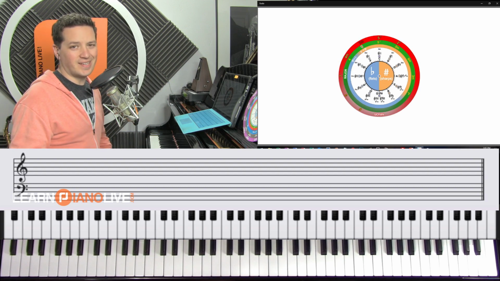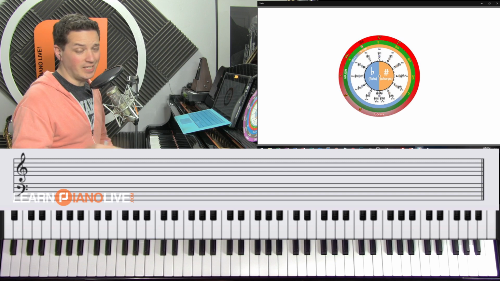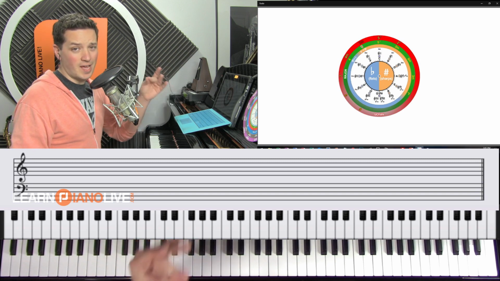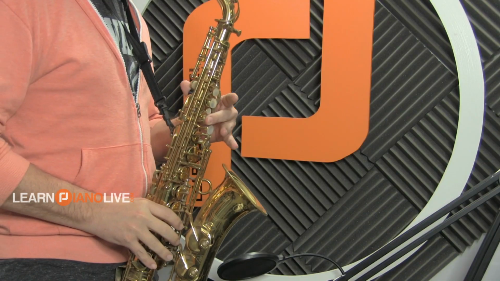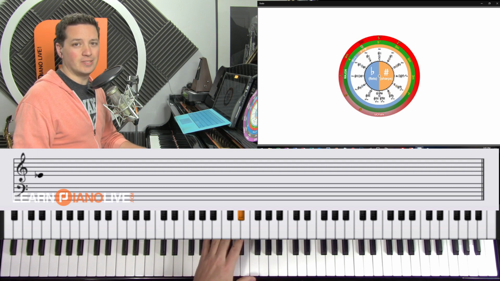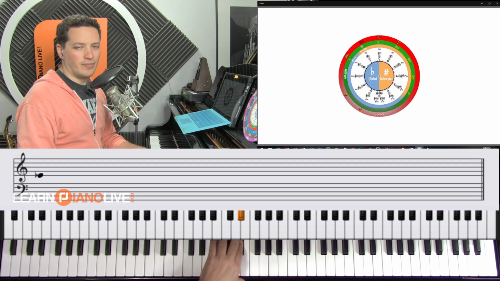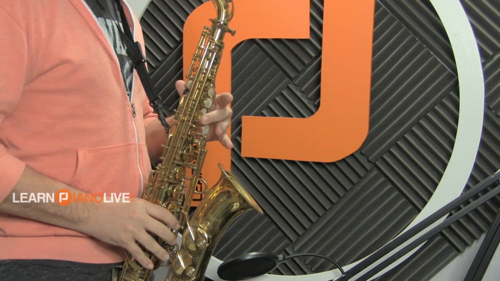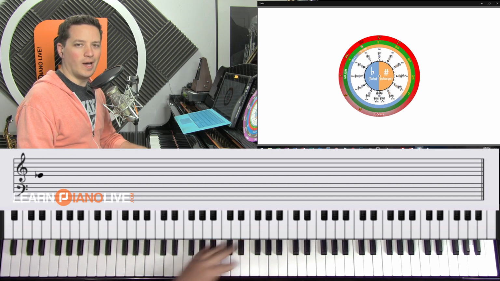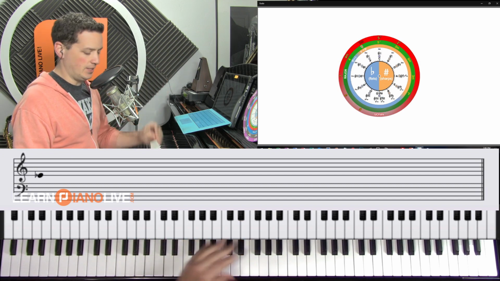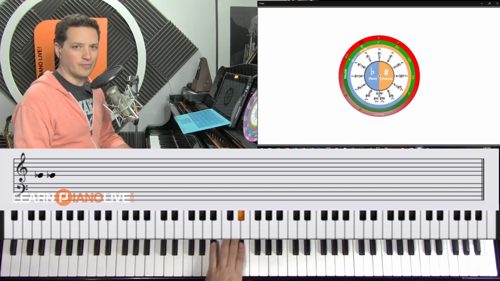But the fact that the alto saxophone is an E-flat instrument means that when they play a C, it's actually going to come out an E-flat. So, an alto saxophone playing C comes out as an E-flat.